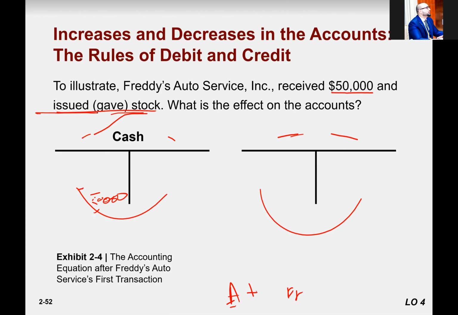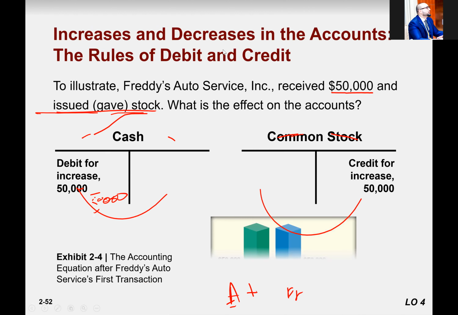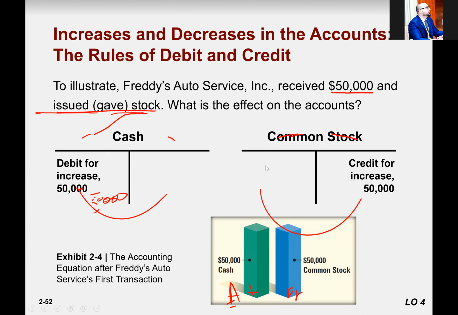When common stock increases, it is on the right side of the accounting equation, which means the credit side increases. So here we go. We have successfully recorded our transaction in the double entry system.